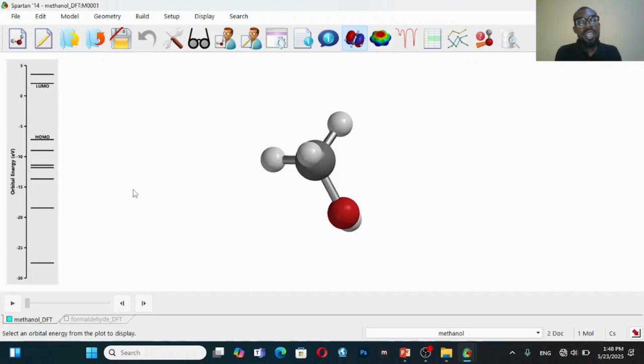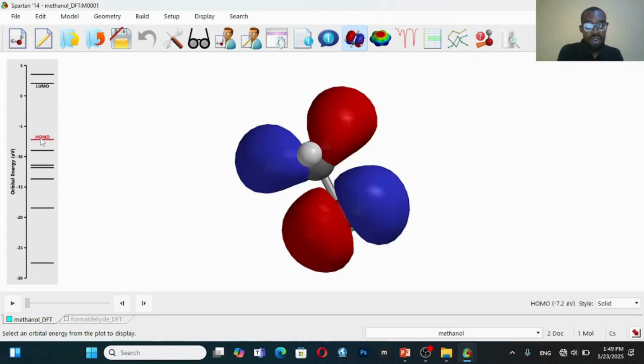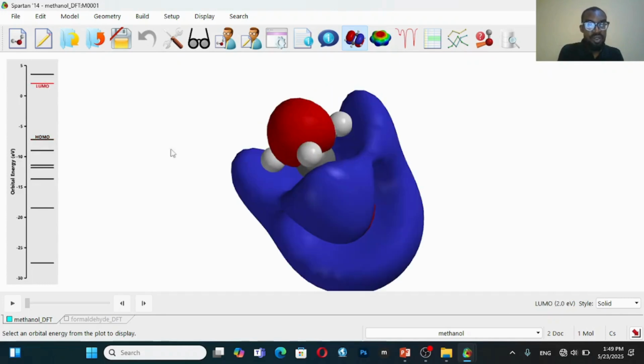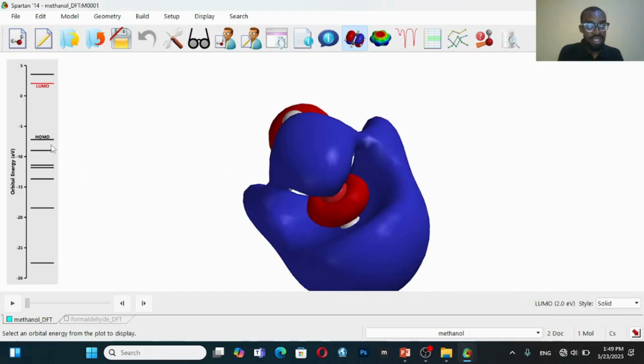Now, in carrying out DFT, what we intend to look at today is the energy of these molecules, and what we are specific about is what is called the frontier molecular orbitals, which are the HOMO, you can see this, and then the LUMO of that system. Now, HOMO simply means the highest occupied molecular orbital, while LUMO means the lowest unoccupied molecular orbital.